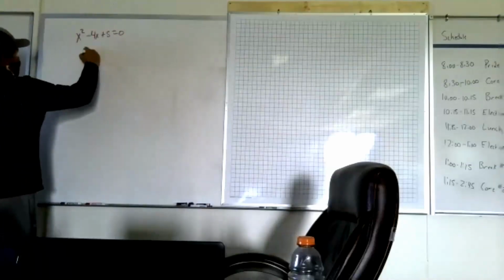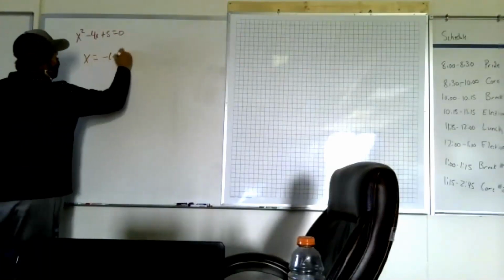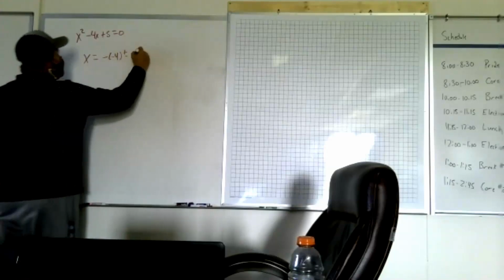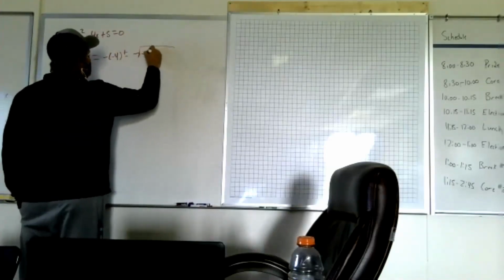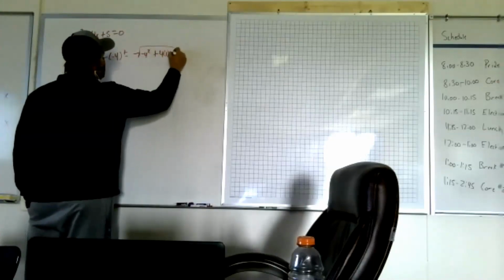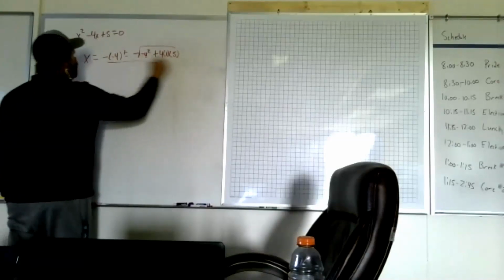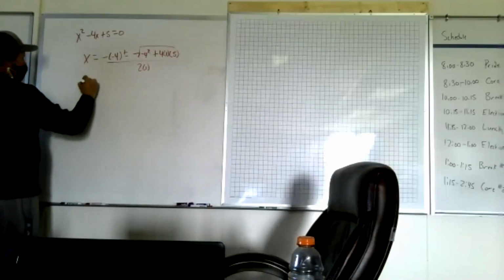Plug it into my quadratic formula: negative 4 plus or minus the square root of negative 4 squared plus 4 times 1 times 5, all over 2 times 1. Simplify.